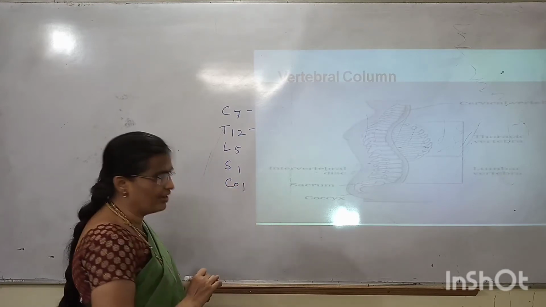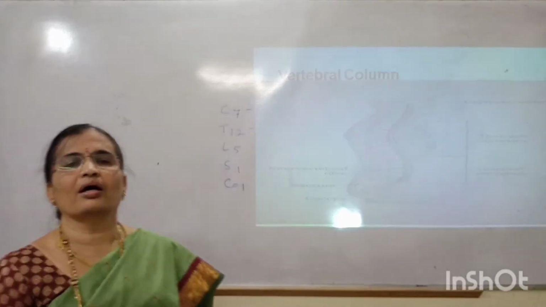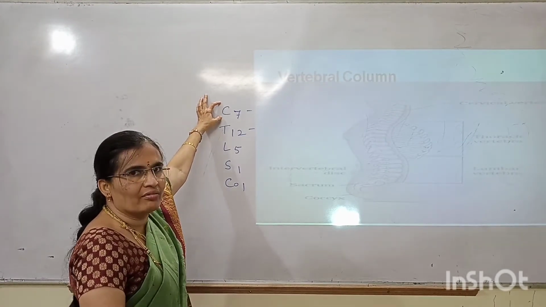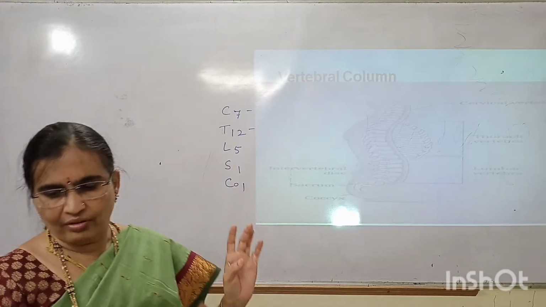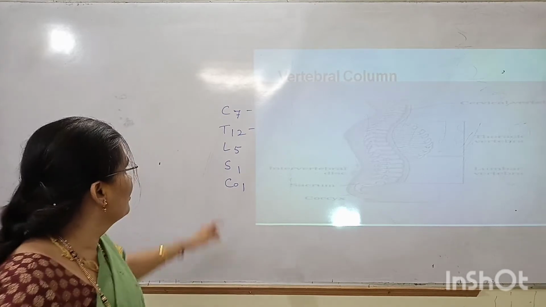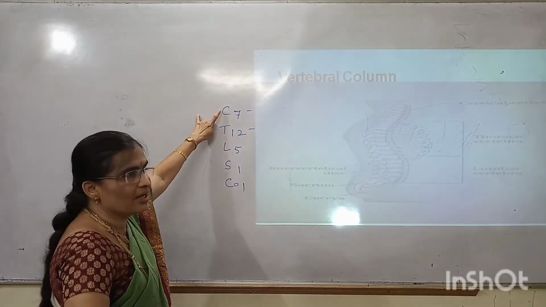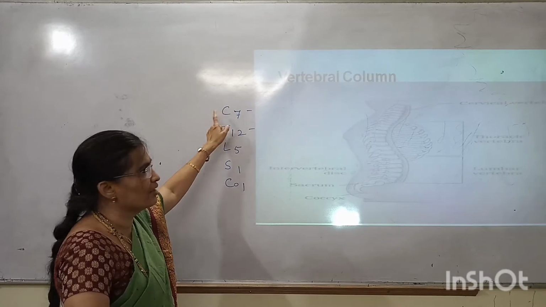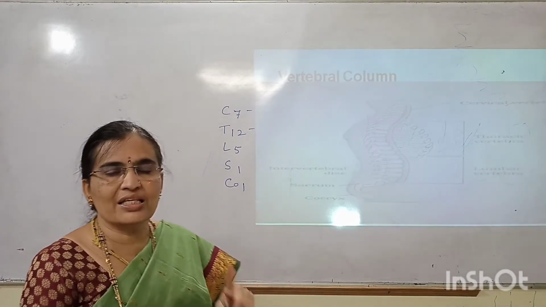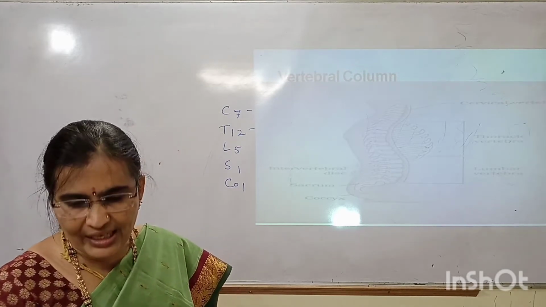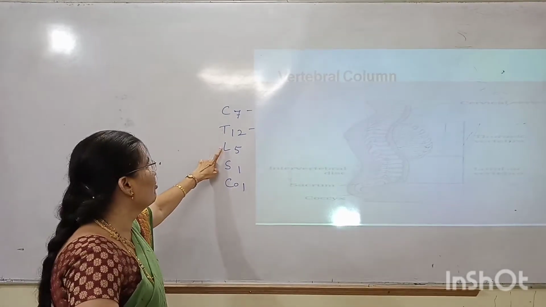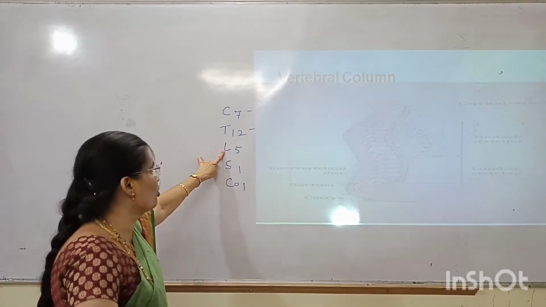Like this we are classifying. The first 1 to 7 vertebrae are the cervical bones. Then 12 thoracic bones are there. Then the lumbar region, that is the waist region, 5 bones are there.